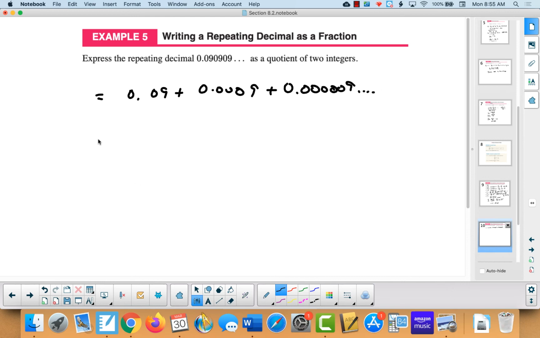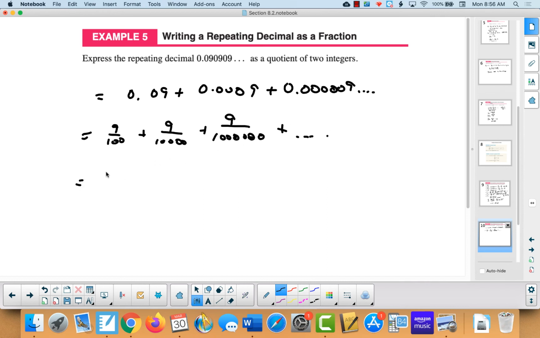We can keep going like that. Write that as fractions. That's 9/100 plus 9 over 10,000 plus 9 over 1,000,000, and so on.